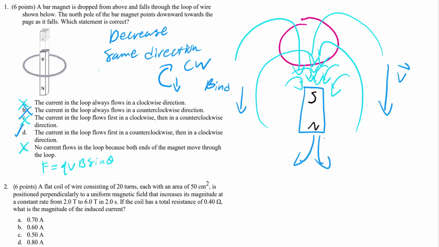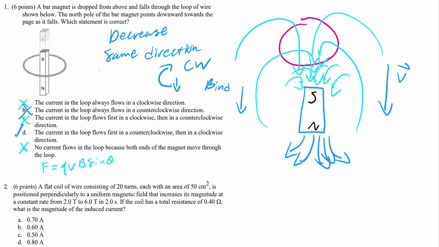And so as we get closer and closer to this loop, we're going to have a bunch of field lines into this loop. The more field lines you have, the bigger the magnetic flux is, right? And because the magnetic flux wants to oppose what's happening, we're not actually saying no to the change, we're just trying to oppose it, right?